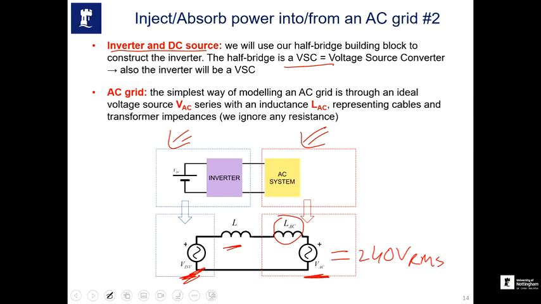This inductor represents the AC system: you have transformers and transmission lines, and all of this creates an inductance. All the different inductances can be lumped together into one inductance, LAC. So our inverter is represented by a voltage source, VINV, and the AC system is represented by an AC voltage source plus an inductor, LAC.